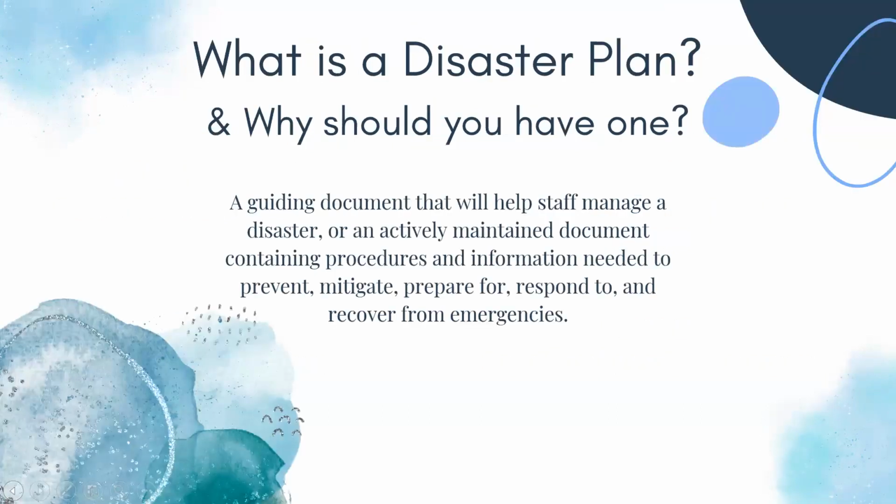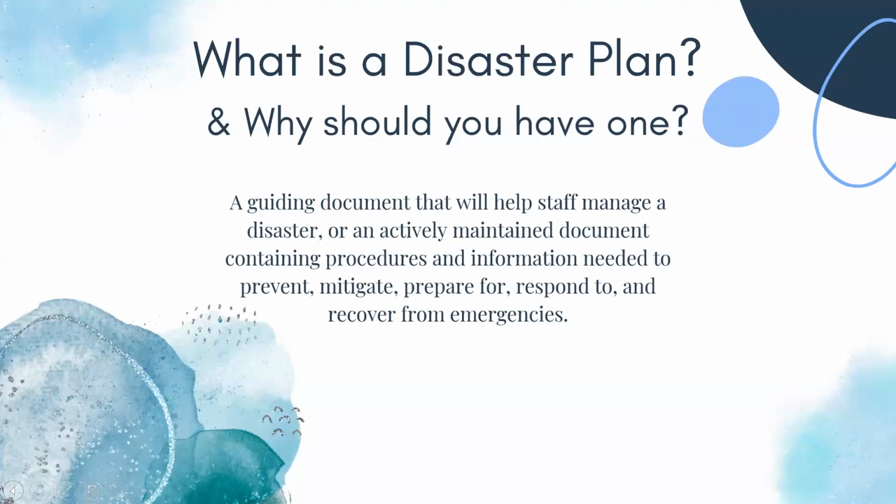Then, what is a disaster plan and why should you have one? So a disaster plan is really a guiding document that will help staff manage a disaster, or an actively maintained document containing procedures and information needed to prevent, mitigate, prepare for, respond to, and recover from emergencies.